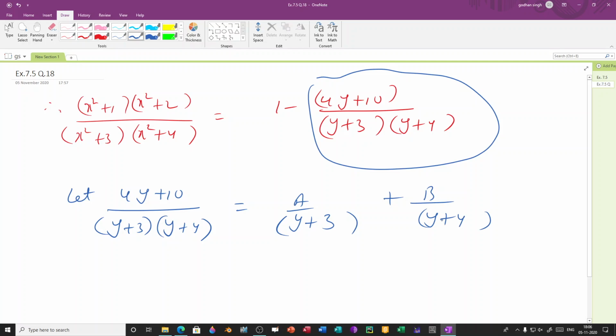So this is what you can see from table 7.2. Easily you will come to know which form we are applying, and now we'll just solve it.